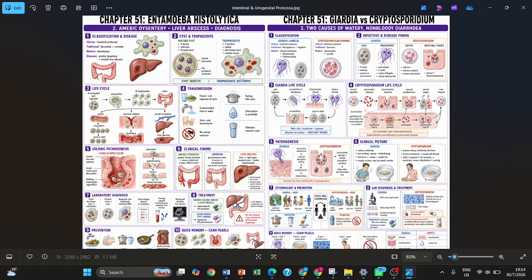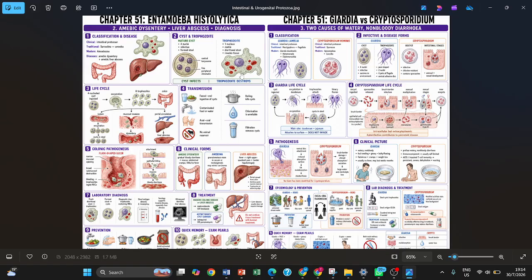Anyways, so there's four organisms. The nice thing about them is that they're protozoa, and from our study we know that protozoa have four categories: we've got sarcodina, that is your amoeba; mastigophora, which is your flagellates; sporozoa; and then your ciliates, right?